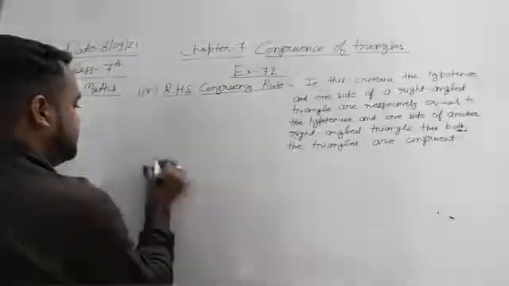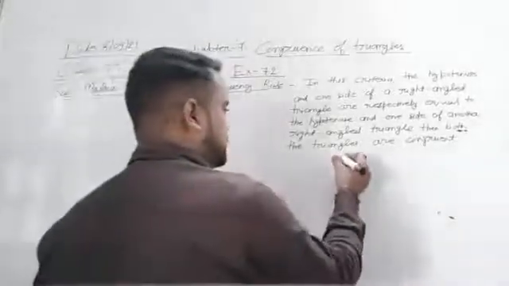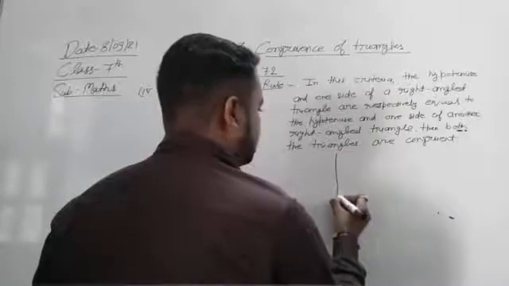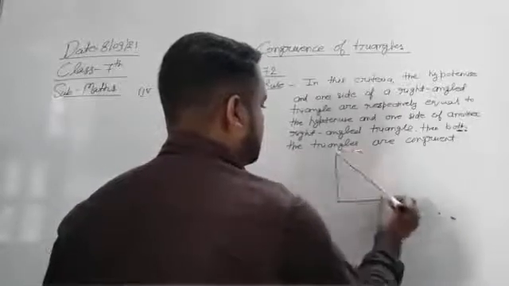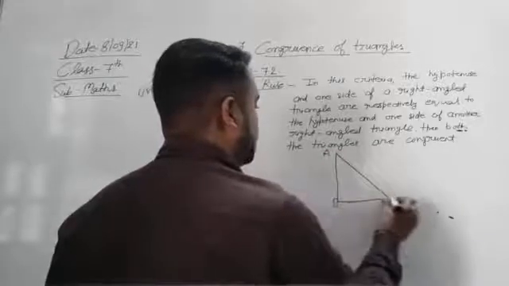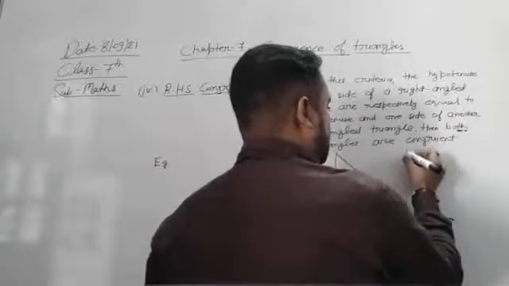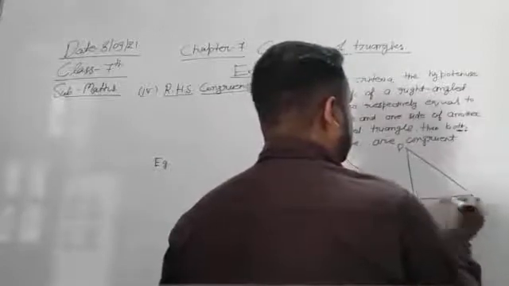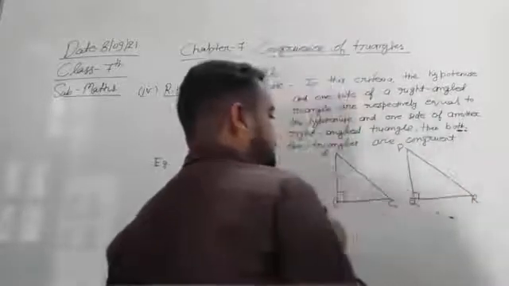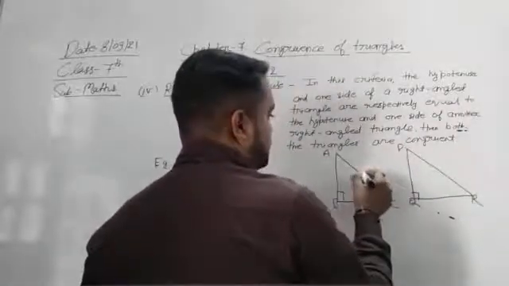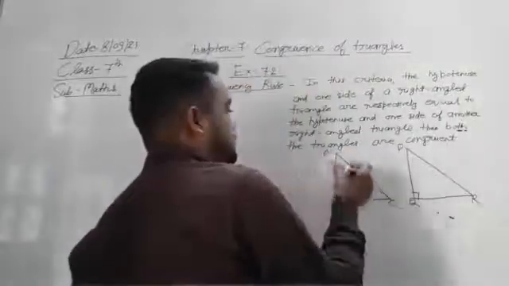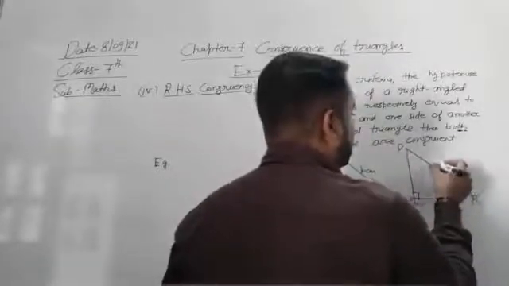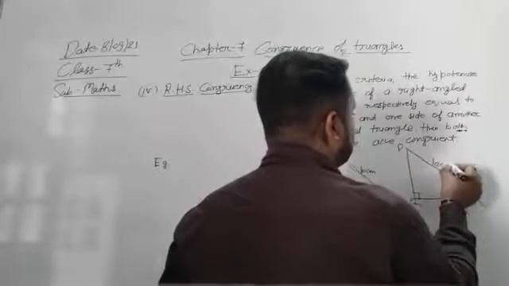For example, suppose here is triangle ABC, right angle at B, and triangle PQR, right angle at Q. The hypotenuse AC in triangle ABC is 10 centimeter, and in triangle PQR the hypotenuse PR is 10 centimeter.